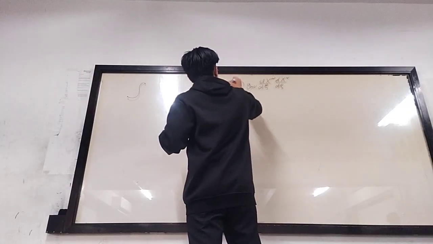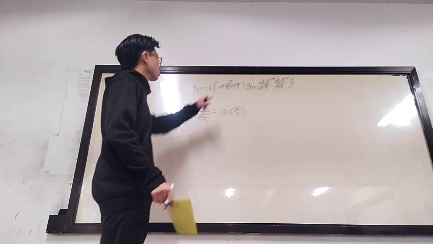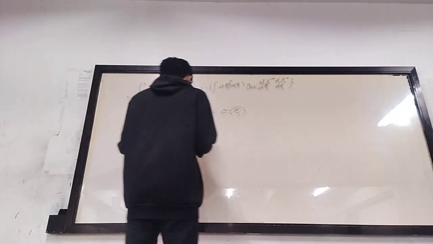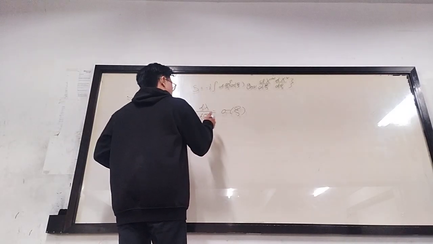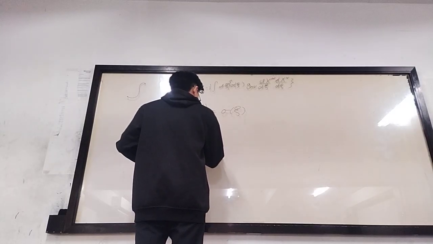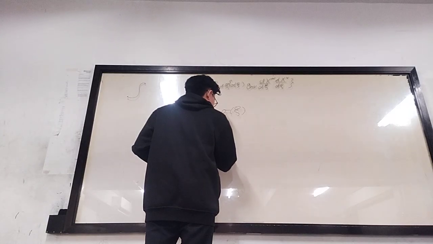I'm just going to write it here on top for reference. So what I want to do is write this action in terms of lambda. We look at this relation over here. Rearranging, we get that d psi is equal to d lambda divided by the Einstein field.